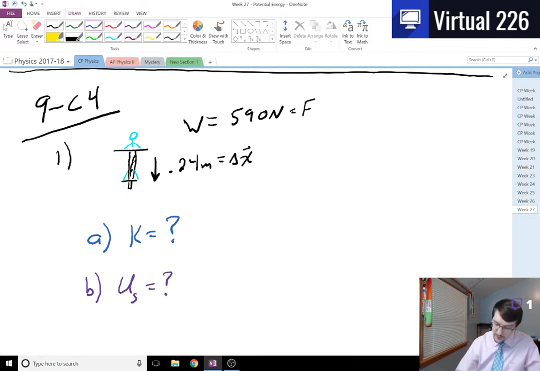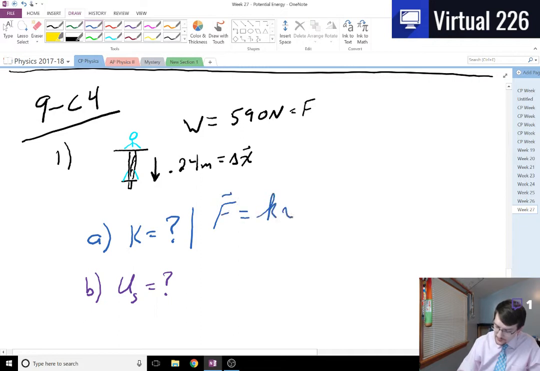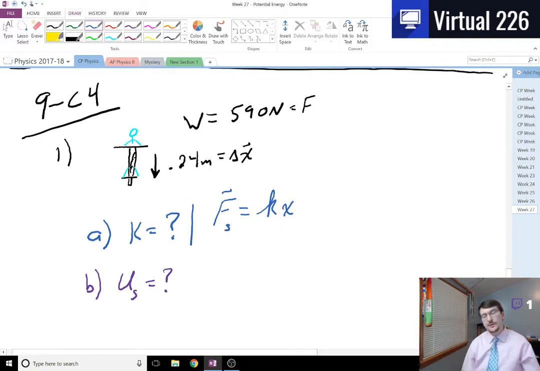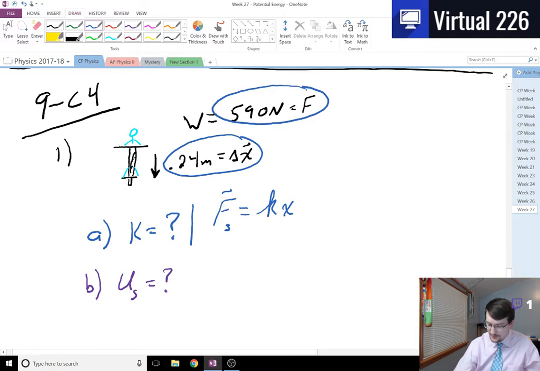Well, to solve part A, we know previously that we have a spring equation, F equals Kx. That was from our F equals ma unit. A spring force is equal to Kx. And in our case here, we actually have both F and X. So we can solve for the spring constant.